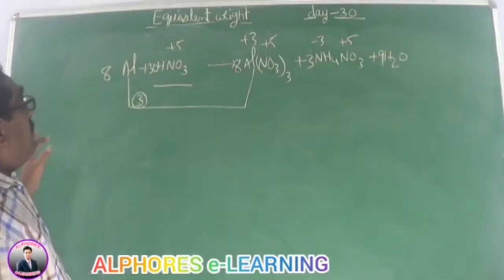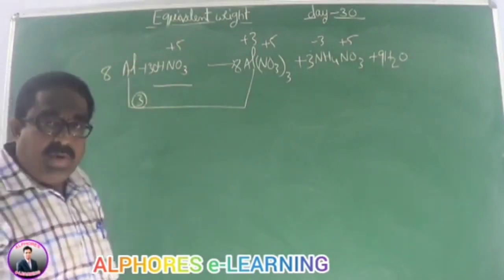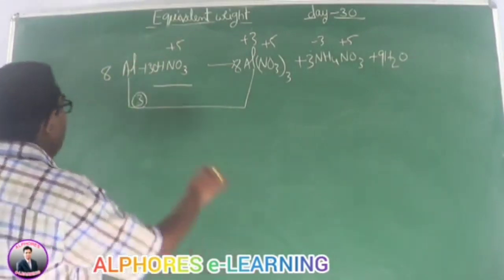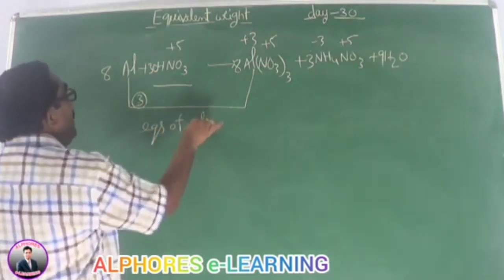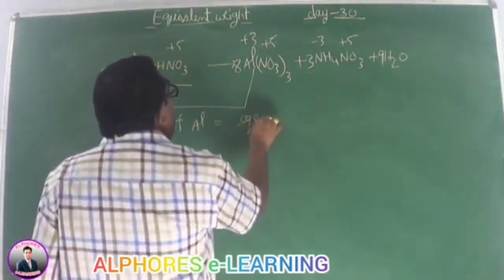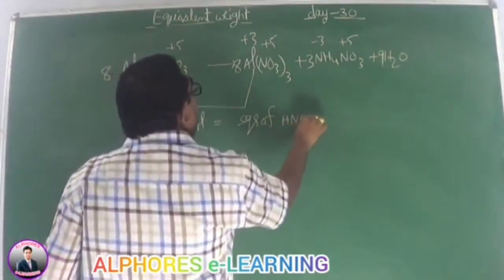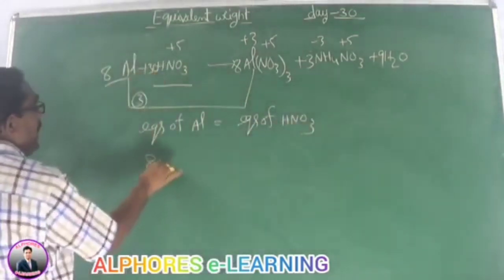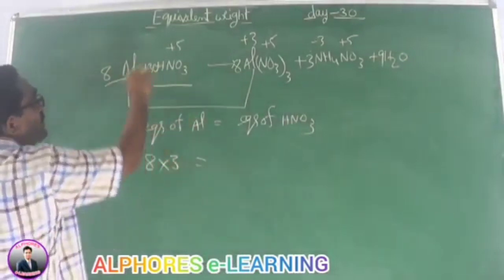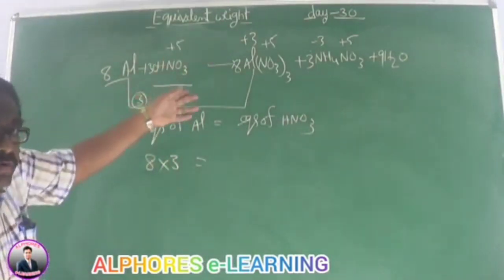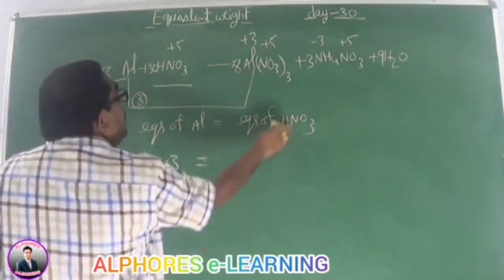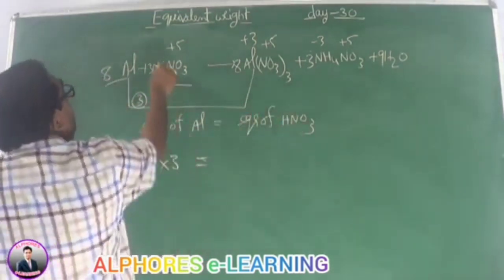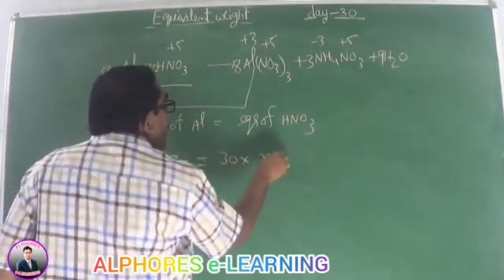Now let me apply the principle of gram equivalence to this equation. Based on that I write: equivalents of aluminium should be equal to equivalents of nitric acid. How many moles are there? 8. N factor is 3, because it changes by 3, and all the aluminium goes into only one compound. Here, equivalents of nitric acid: moles I know, but I don't know the N factor.